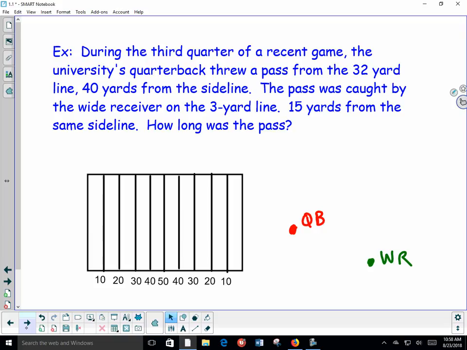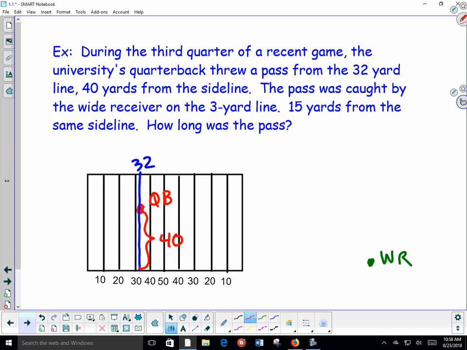So here's my rough sketch of a football field, and the quarterback is somewhere on the 32-yard line. Here's my 32-yard line. And the quarterback, I'm going to place him on that yard line, and he's about 40 yards from the sideline. So I could just say this distance from here to here is 40.